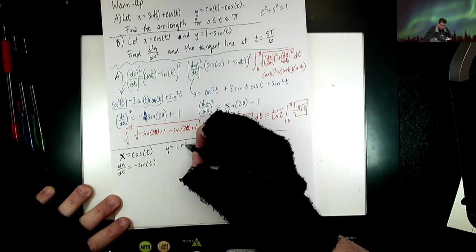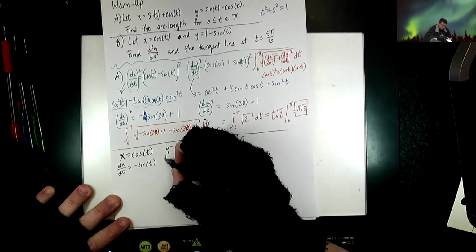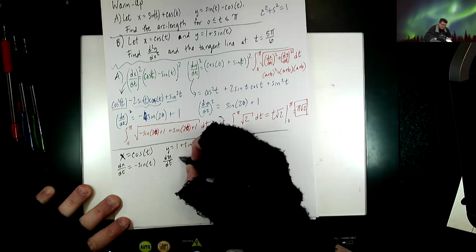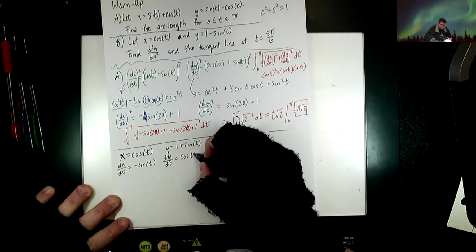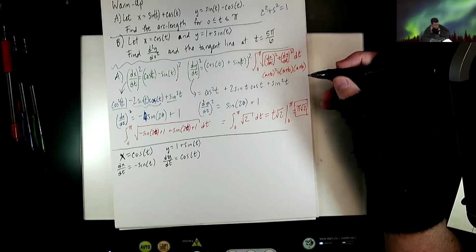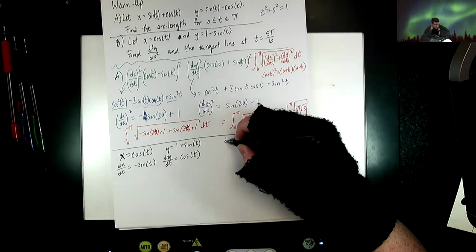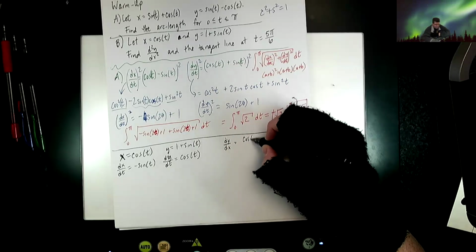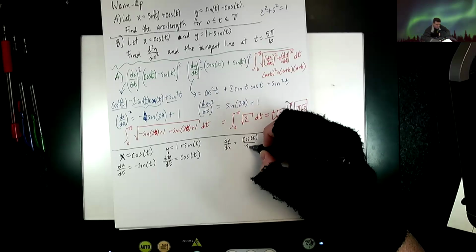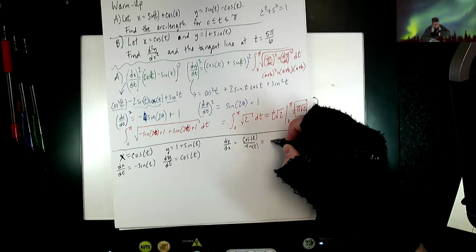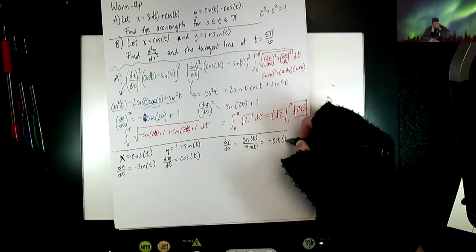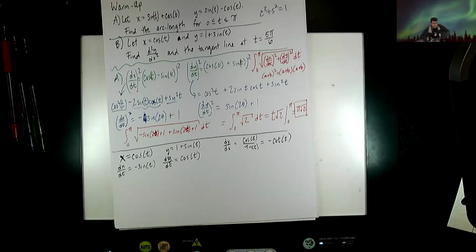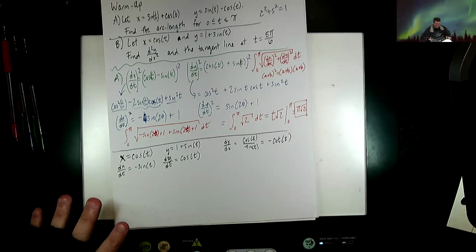Y was 1 plus sine t, so dy dt is cosine t, which means dy dx is cosine over sine, which is just negative cotangent t. That looks weird, having 2 t's in a row. It's tripping me out.